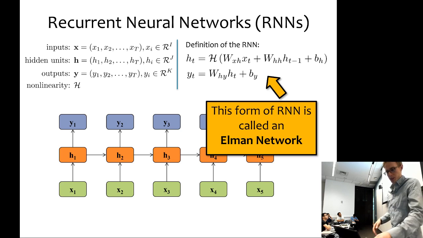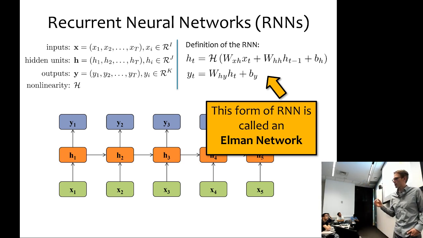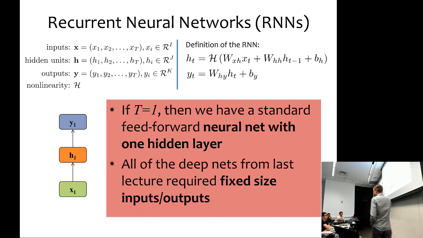Okay, so this particular form of an RNN is called an Elman network. And it's sort of as simple as they come. And if you were to use it, you would probably find that it's actually quite difficult to train. It would require some very careful initialization tricks. Otherwise, you might not really have it learn much at all. But it's nice because it's so simple and clean.